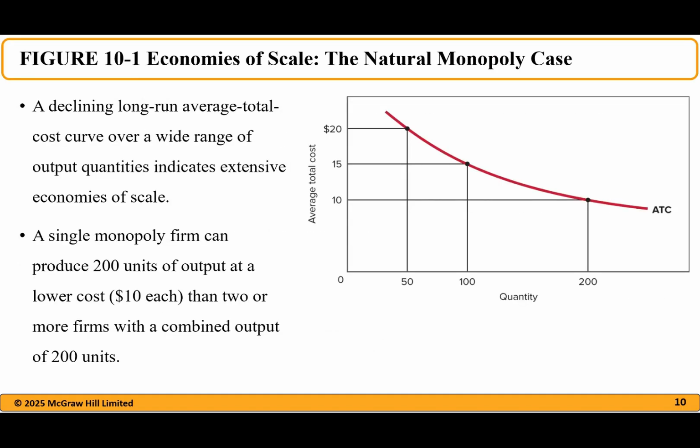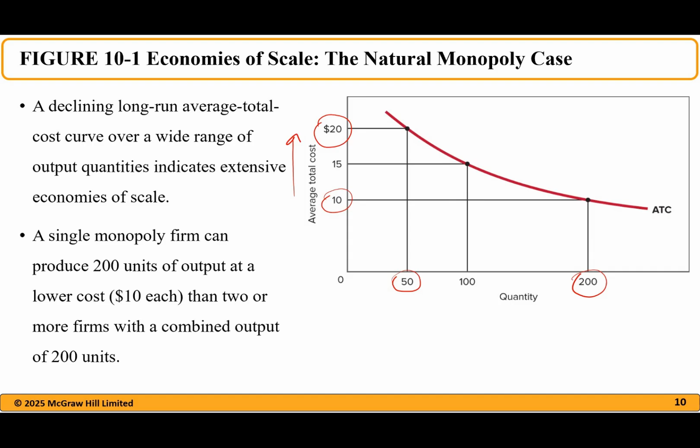Look at this figure. We can see a single firm can produce 200 units of product with an average total cost of 10. But these 200 units of product can also be produced with 4 firms equally producing 50 units, but the average cost will go up from 10 to 20.